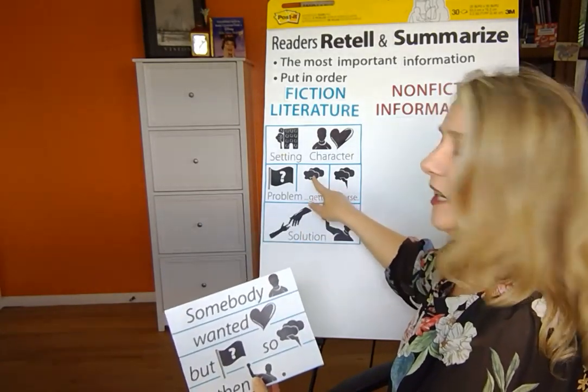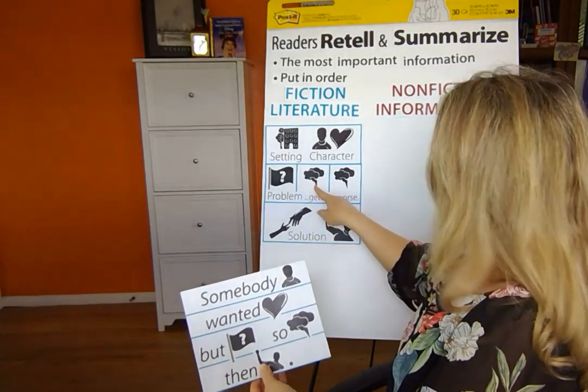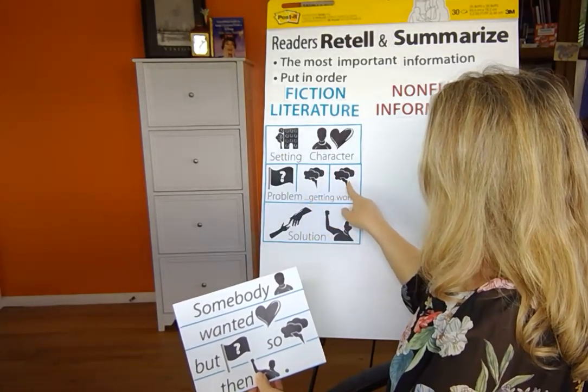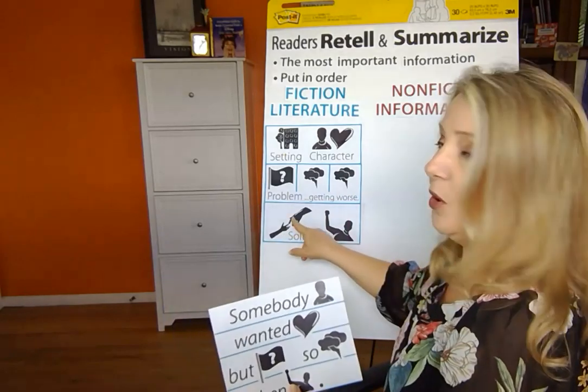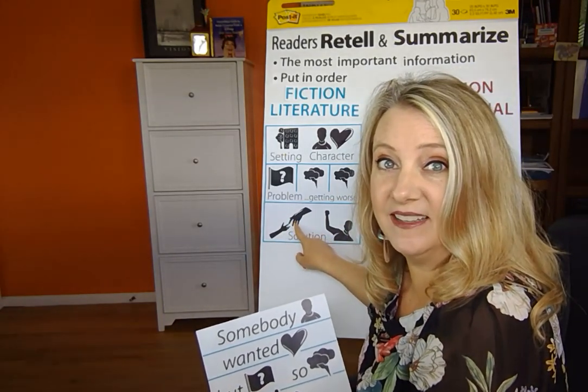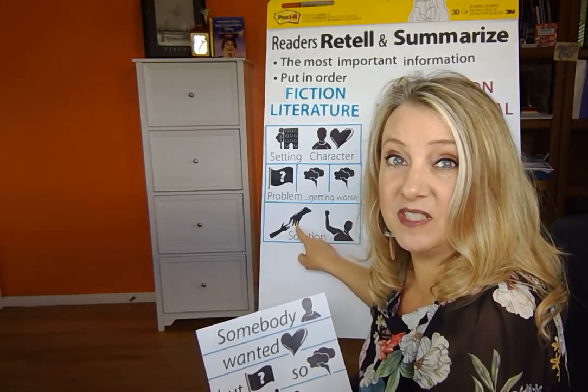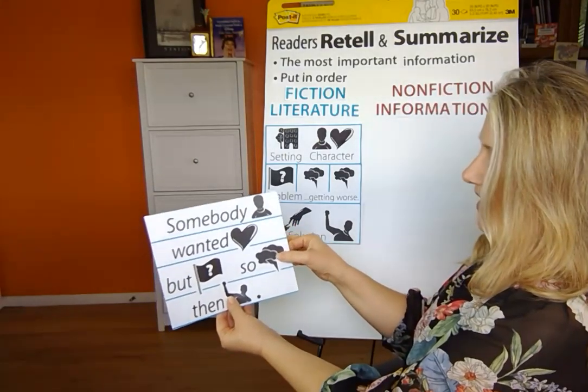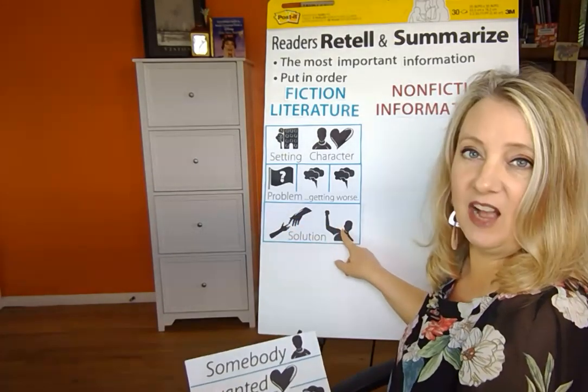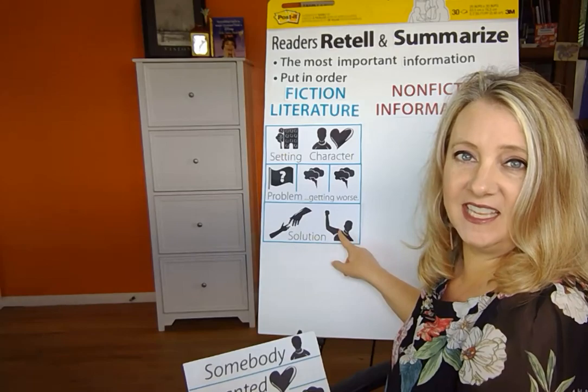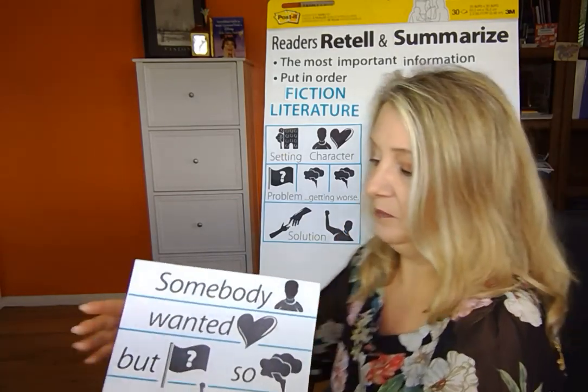And I'll let you in on a secret here. Sometimes the so is how it gets worse. Sometimes the so is when the guide steps in because the character can't help himself and the guide steps in. Then we have the solution. Then it is resolved. Yeah, that's how you're going to summarize.